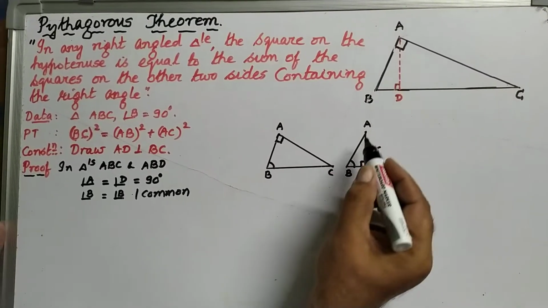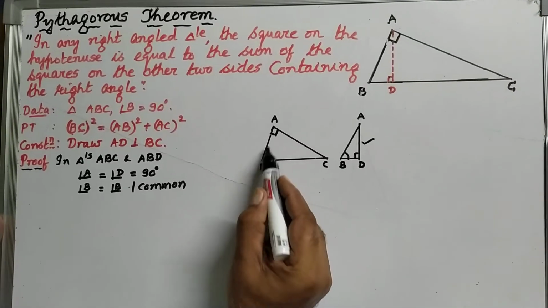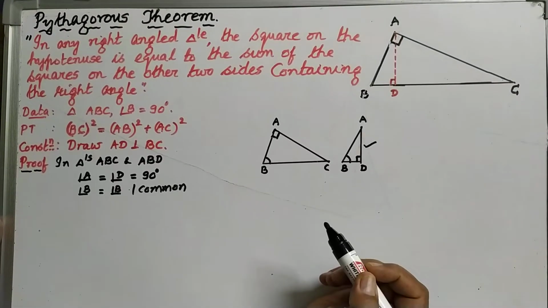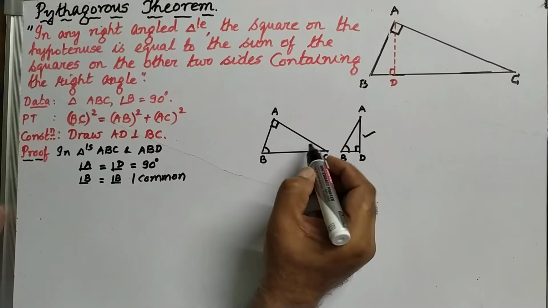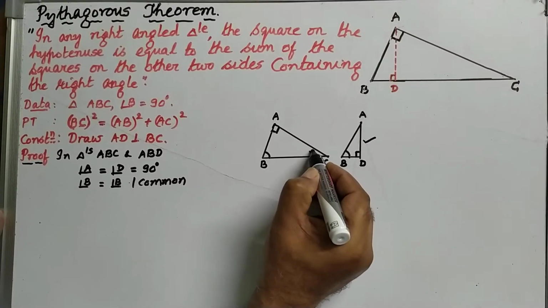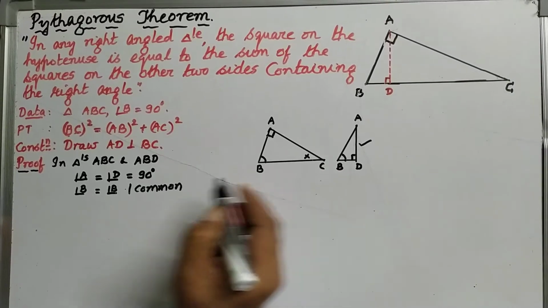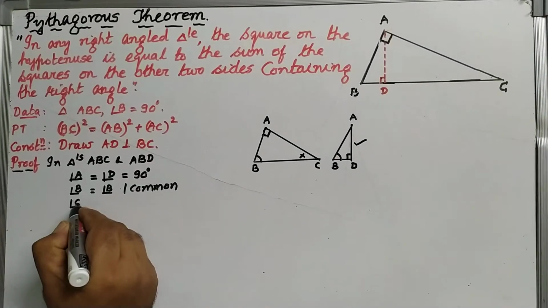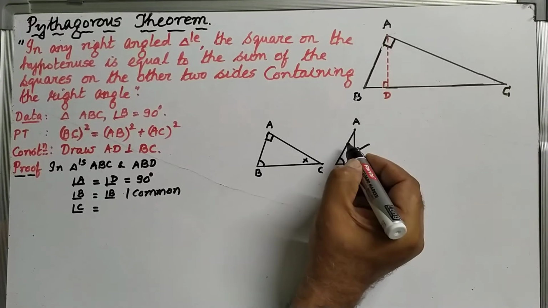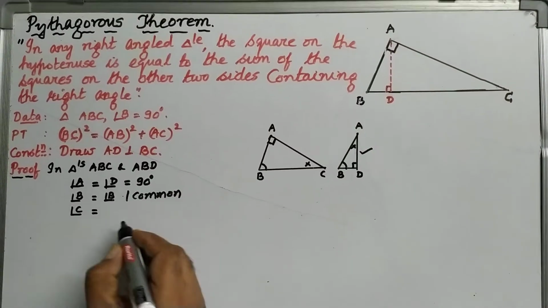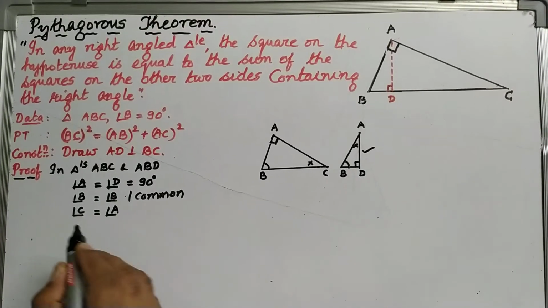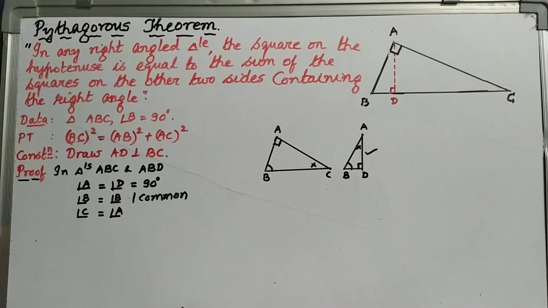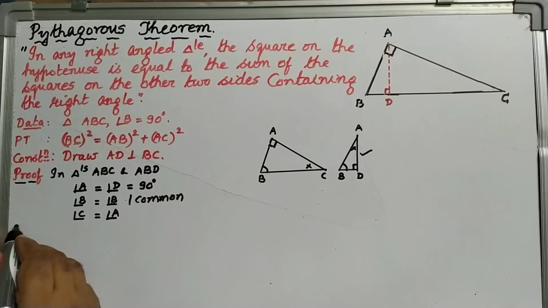In two triangles, if two pairs of angles are equal, the third pair will automatically be equal. So angle C of the first triangle will be equal to angle A of the second triangle. The third pair of angles automatically will be equal.